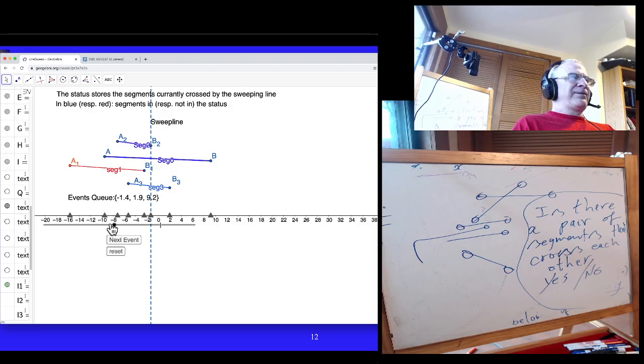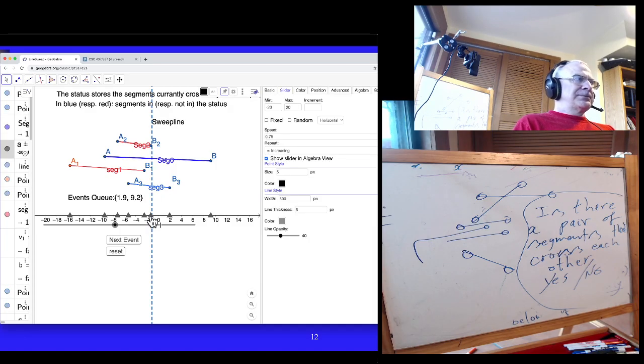And I will feel no need to worry about it. Here is one event that happens because segment 2 ends. Here is the next event that happens because S3 ends. And between these two events, nothing interesting happens. So the algorithm will not waste any time right here.